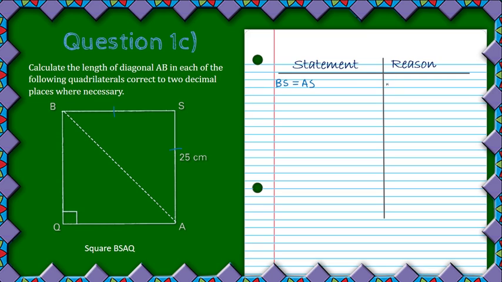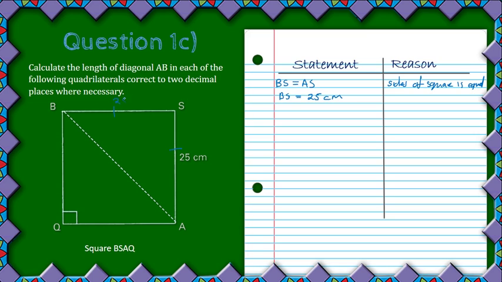My reason is sides of a square are equal. And therefore I can say that BS will be equal to 25 centimeters as well.